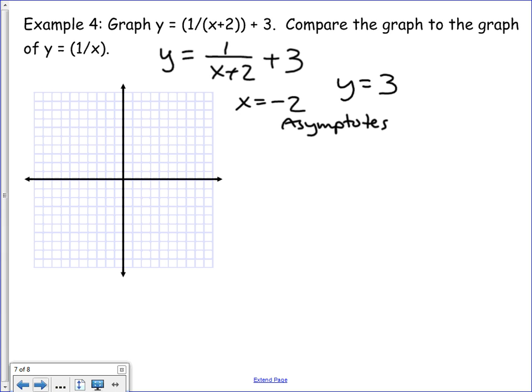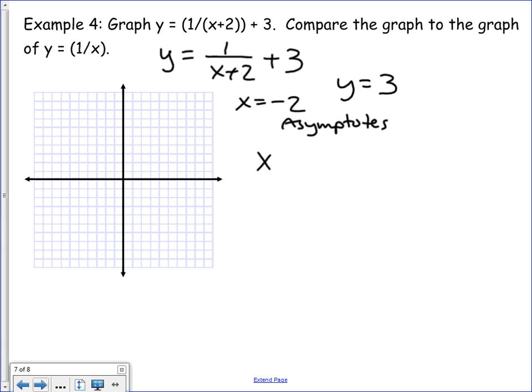All right. What we want to do then is make a table of values on either side of our excluded value here, which would be negative 2, which we could go back to the first lesson, x plus 2 equals 0, okay? And when we solve, x equals -2, that's also your asymptote, right? And that's why it's your asymptote.